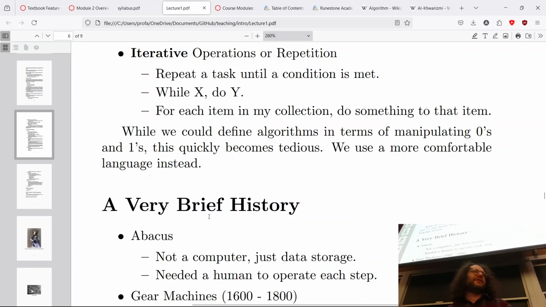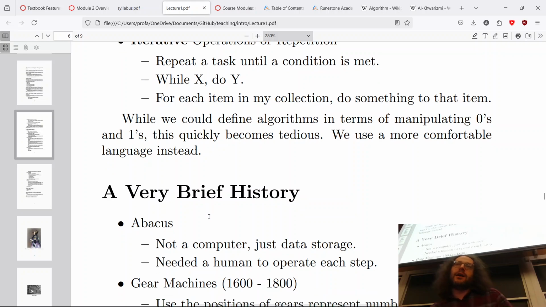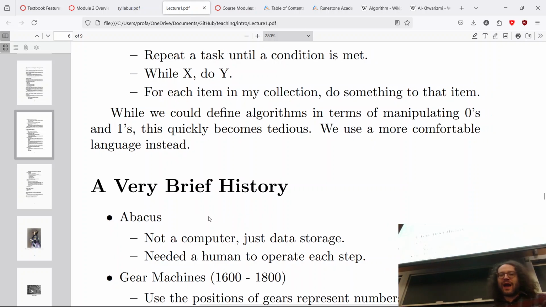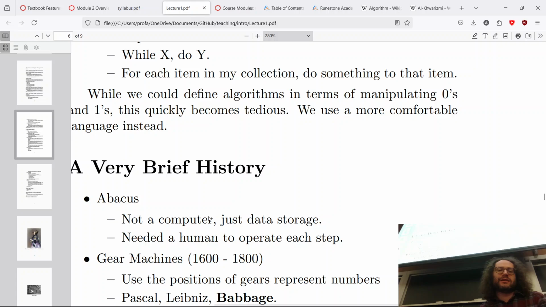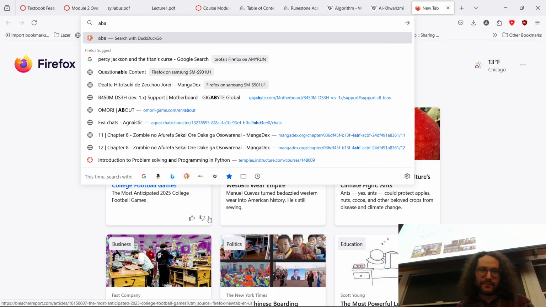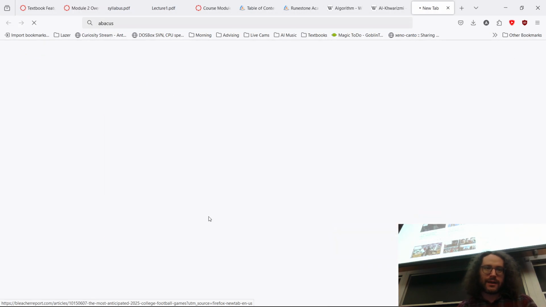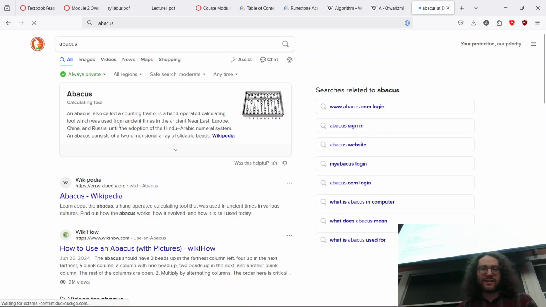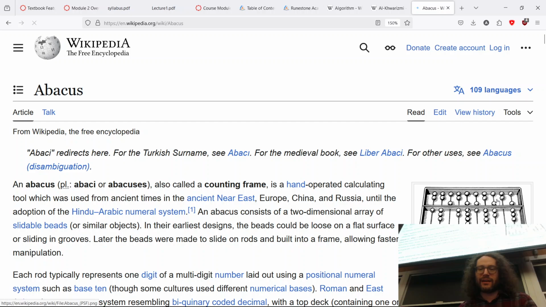So here's a very brief history of computer science. The first kind of computational device we would consider is the abacus. If you're unfamiliar with it, it's essentially a hand counting thing. It's a calculating device with beads.